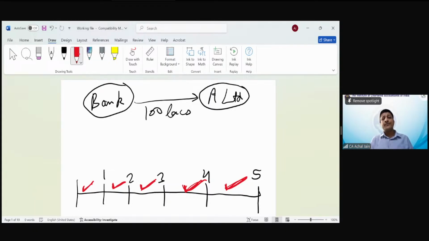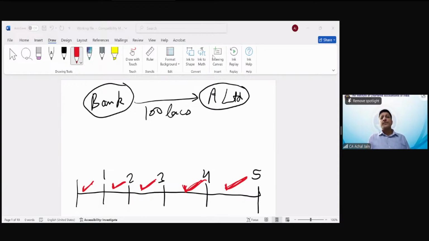Second, even if the bank becomes comfortable, any person would like to get some more comfort. So how do you get that additional comfort? You get it through some security.